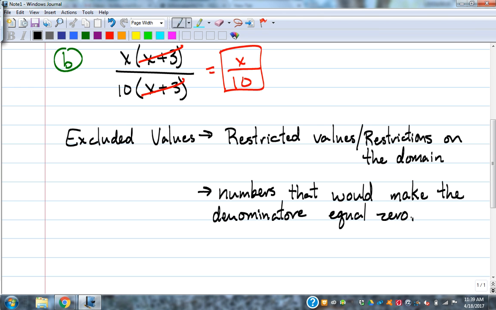Because we want to find these, since that's the only number we can't divide by. We can never divide by 0. That's not a defined operation. So when we have x's in the denominator, we're going to have excluded values, things that x can't be. It's going to be the numbers that would make the denominator equal 0.